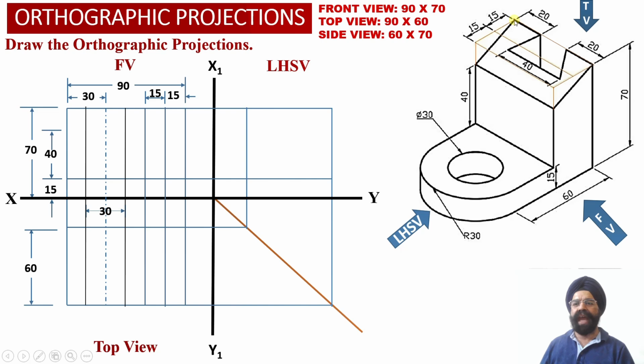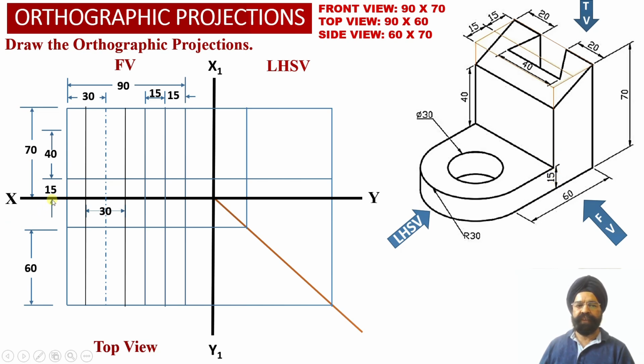And now we also know that towards the top surface of this vertical web, we have been provided with an inclined surface over here. In this vertical web, towards the left hand side we have to mark a distance of 40 millimeter above the top surface of the horizontal web. So the location of this point corresponding to the slant surface of the vertical web is at 55 millimeter distance from the base of the solid.